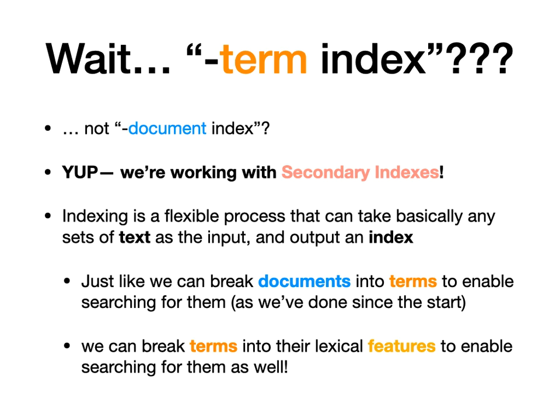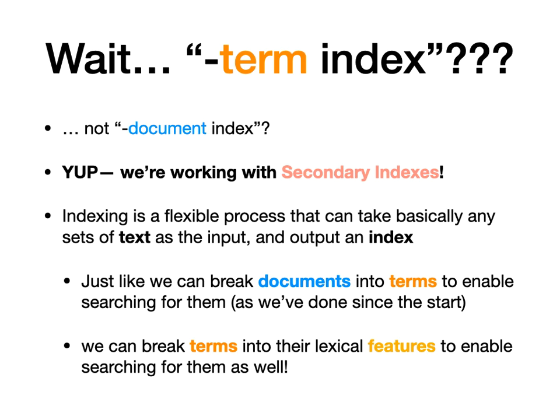All that matters is how you break it up into, quote, terms, into the dictionary. In normal circumstances, we break documents down into their terms so that we can search for documents based on terms. We can also break terms down into smaller lexical features to enable searching for terms, to then enable us to search the documents.